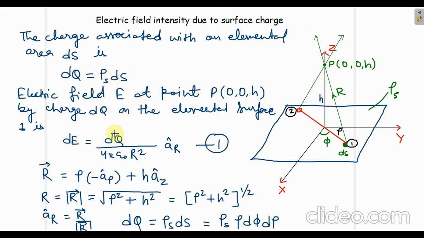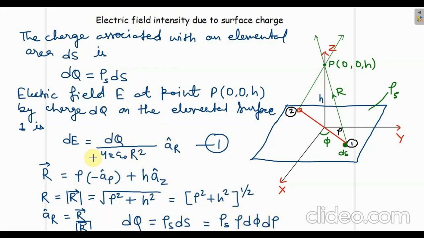Equation 1 is dE equals dQ upon 4 pi epsilon naught r square a r. Here we have to take a r as r upon r, and in place of the r vector we use minus rho a rho plus h a z. In place of the magnitude we write this one, and in place of dq we write this.